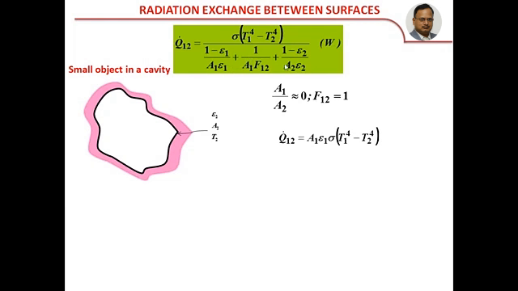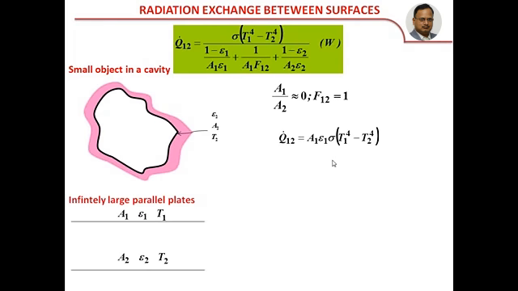So you will get Q12 is equal to, this term vanishes because A1 is infinity and F12 is 1. So 1 by A1 e1 plus, minus 1 by A1 plus 1 by A1 cancels. You have only 1 by A1 e1 in the denominator. It goes up. So Q12 is A1 epsilon 1 sigma (T1 power 4 minus T2 power 4).